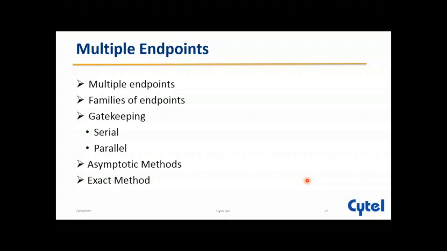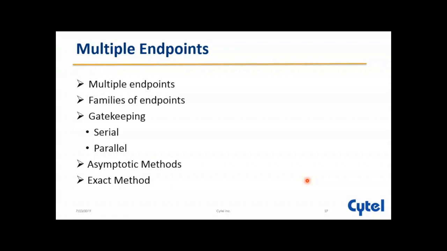There are two popular gatekeeping procedures, serial and parallel. As the name suggests, in serial gatekeeping we test sequentially, one by one. And in parallel gatekeeping, we divide the type 1 error across the endpoints and check in parallel whether at least one of the endpoints is significant or not.